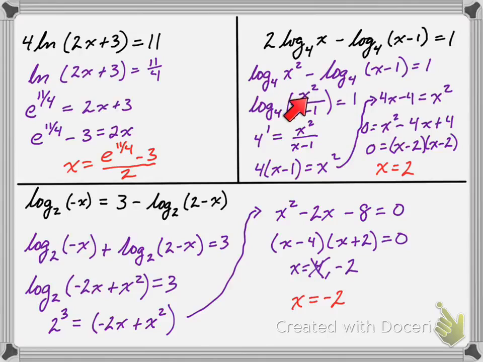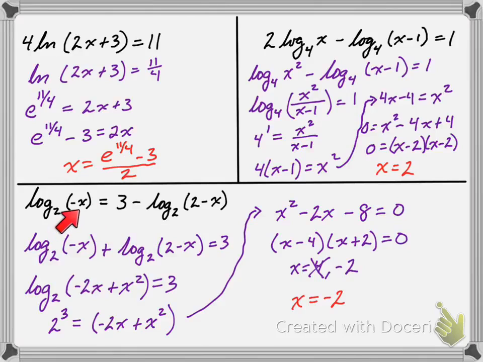We condensed through division, and then convert to exponential. 4 to the 1st power equals this parenthesis. And then multiplying your denominator over gives you a quadratic, set equal to 0 and factor. Solving for x, you get x equals 2.